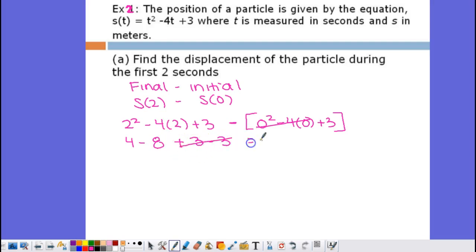So those cancel, and we get negative 4. It says t is measured in seconds and s is measured in meters. So that means the position at 2 seconds is -4 meters.